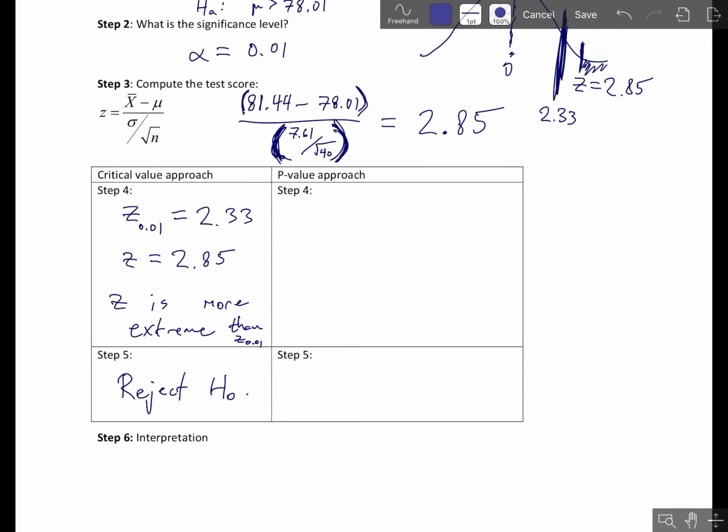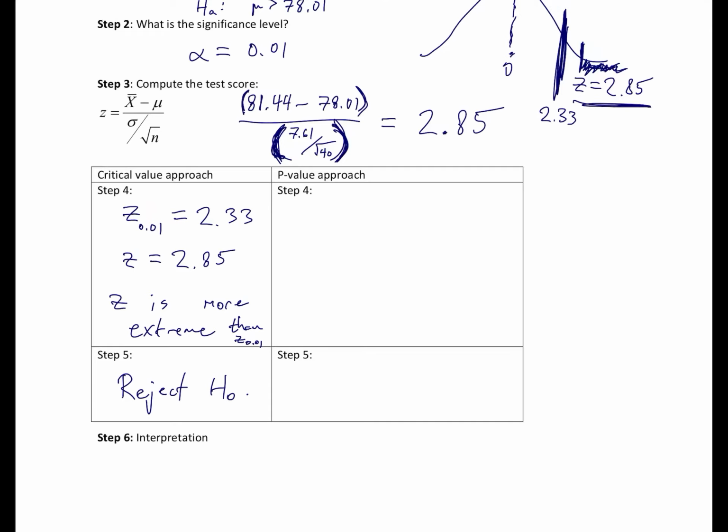We'll get the same conclusion if we take the p-value approach. Remember that the p-value approach is to compute this area that lives over here to the right of our test statistic. And if that area is smaller than the error that we're willing to put up with, which is our level of significance, then we would reject the null hypothesis.